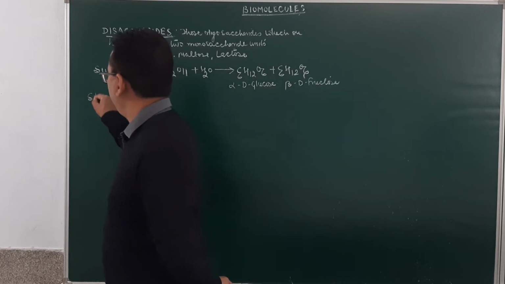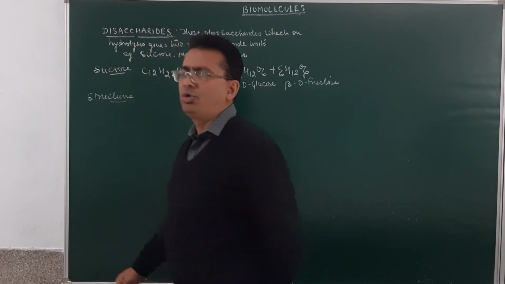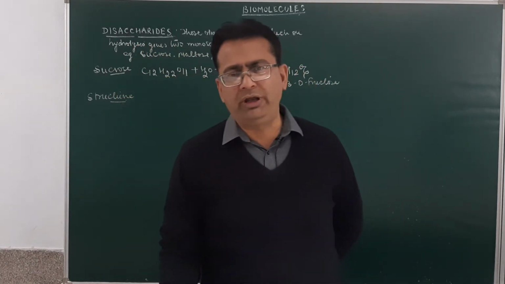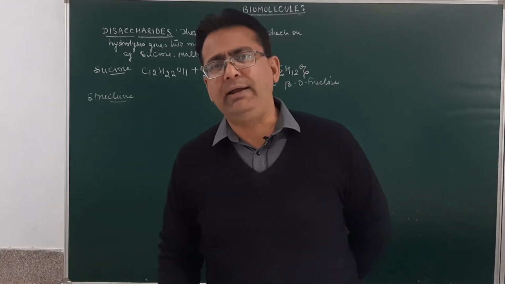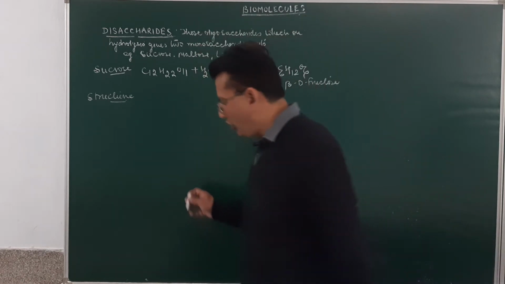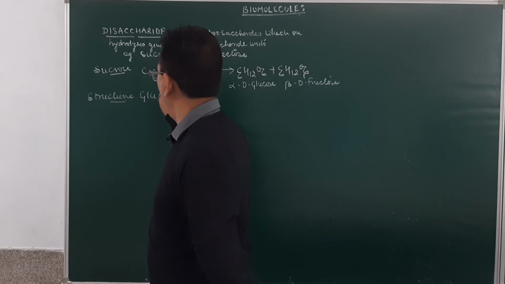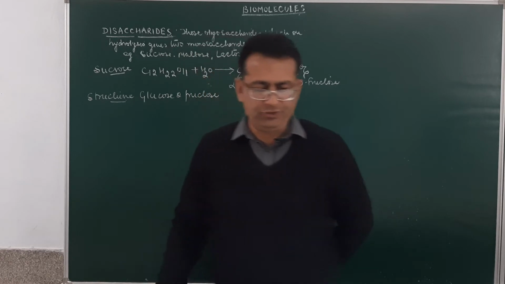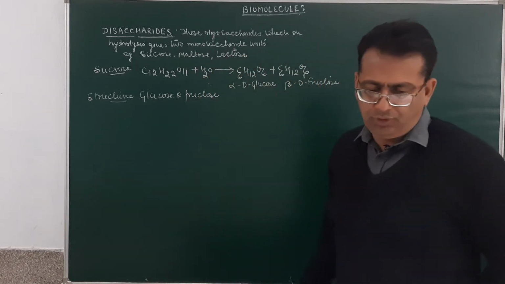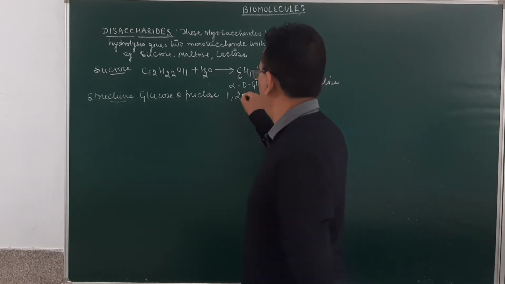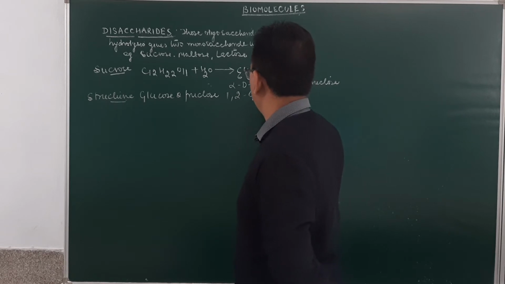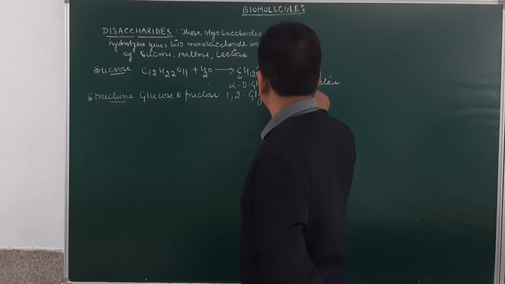If I talk about the structure of sucrose, the glucose and the fructose units are joined by an alpha 1,2 glycosidic linkage.